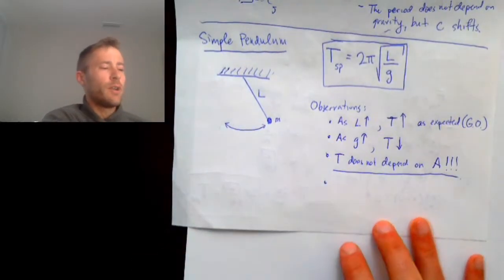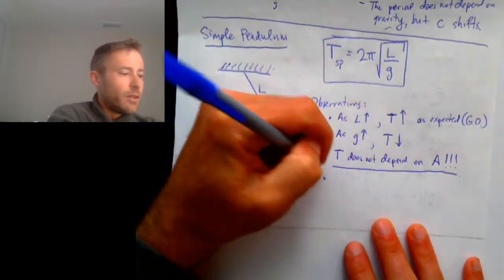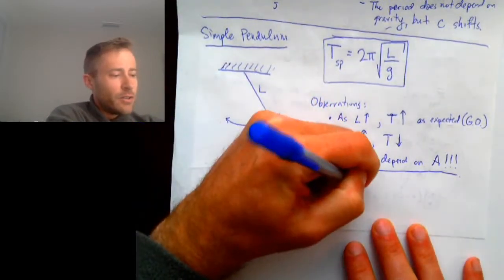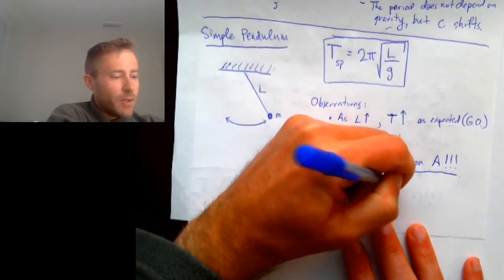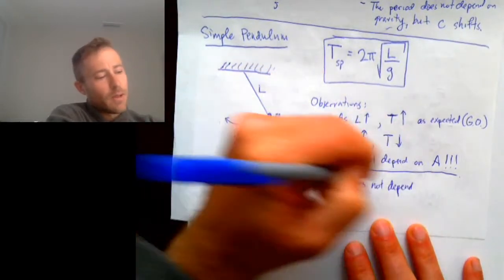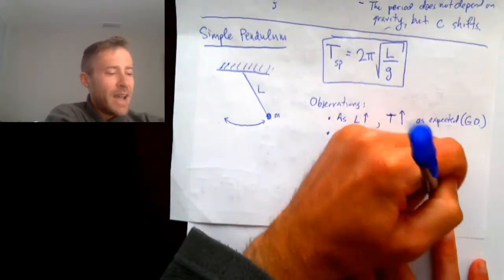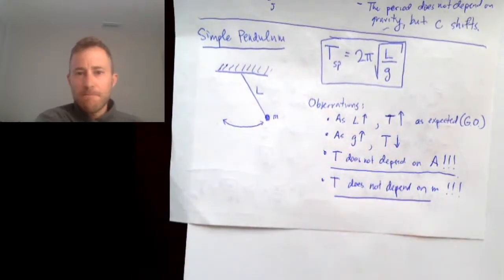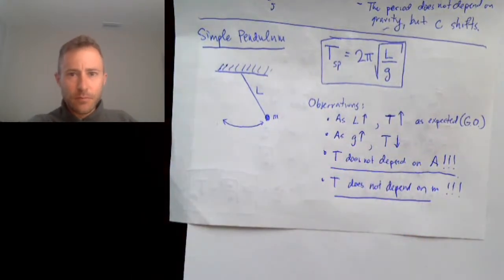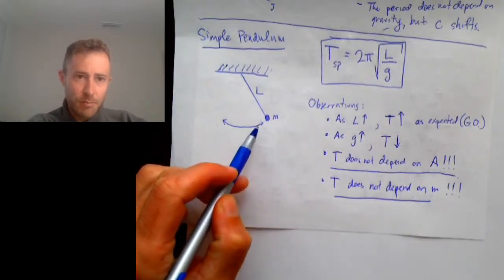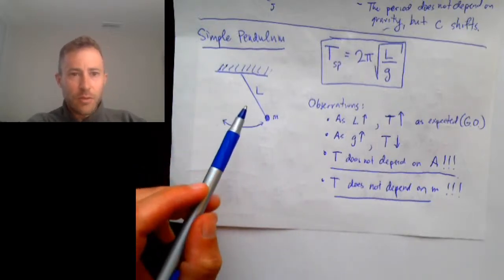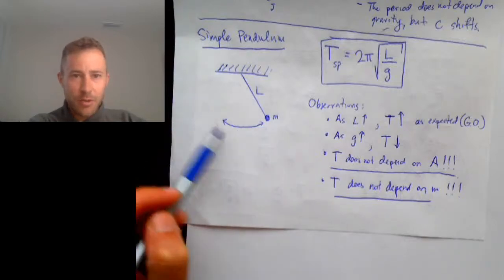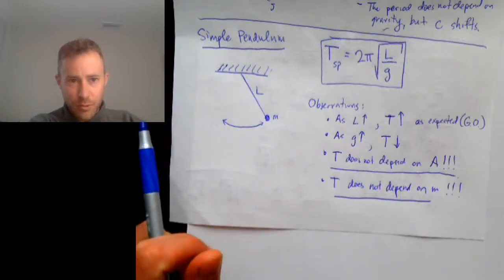The other thing I want to point out is that the period does not depend on the mass. So a heavy pendulum bob is going to take exactly the same amount of time to go back and forth as a light pendulum bob.